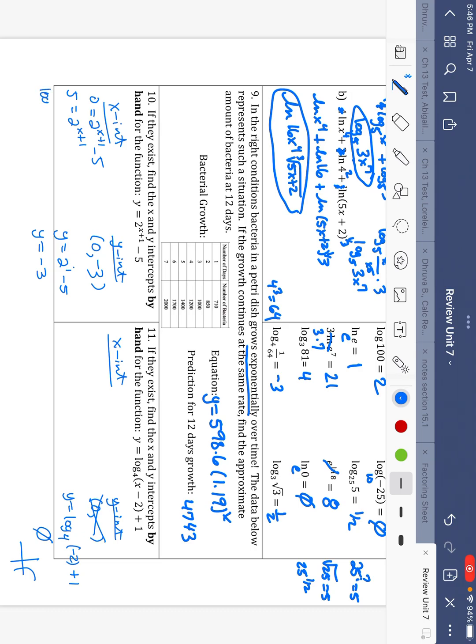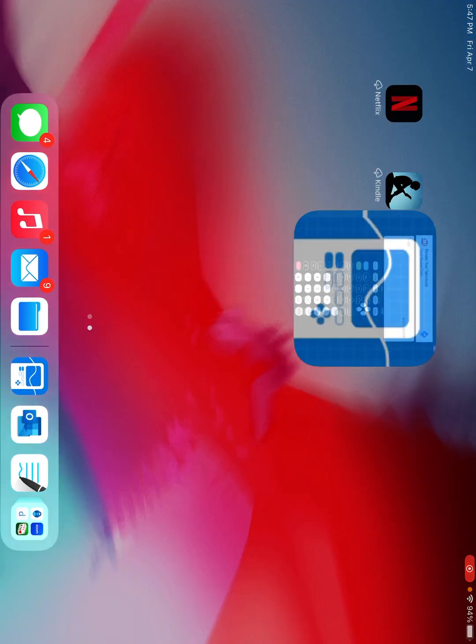So I'm going to write log base 2 of 5 equals x plus 1, because remember, 2 to the x plus 1 power has to equal 5. So I'm basically going to go back to my calculator and type in log base 2 of 5, and then take away 1 from it, because I'm going to subtract 1 to get rid of the x plus 1. So log base 2 of 5 minus 1.